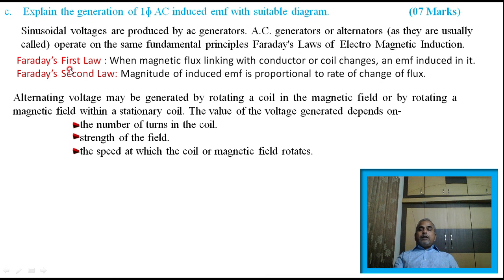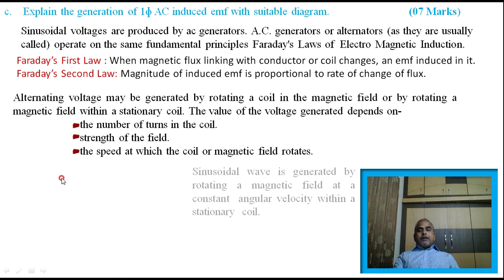The alternator works on Faraday's laws of electromagnetic induction. To generate electricity, three things are necessary: conductor, magnetic field, and the relative motion between the conductor and the magnetic field. Now I will explain with the help of a diagram. I am drawing it here. A sinusoid is generated by rotating a magnetic field at a constant angular velocity within a stationary coil.